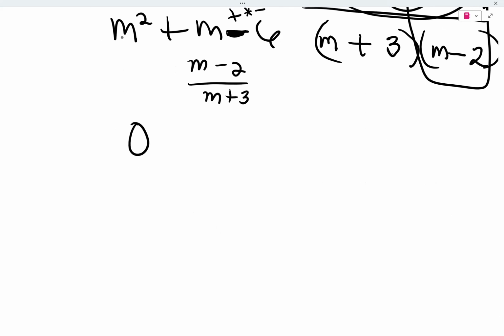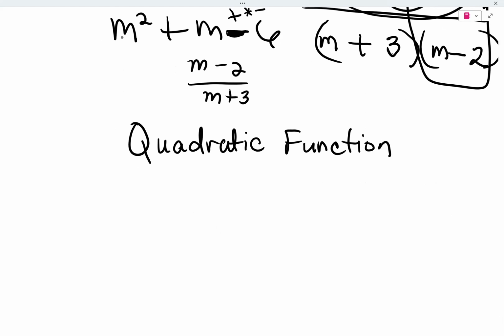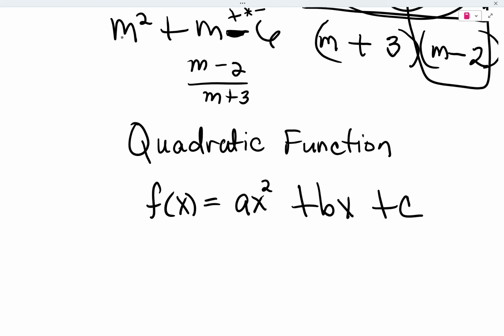So when we talk about going back to the notes, if we talk about the quadratic function, which I did mention earlier, remember that this is in the form where some function is equal to ax squared plus the bx term plus the c term.